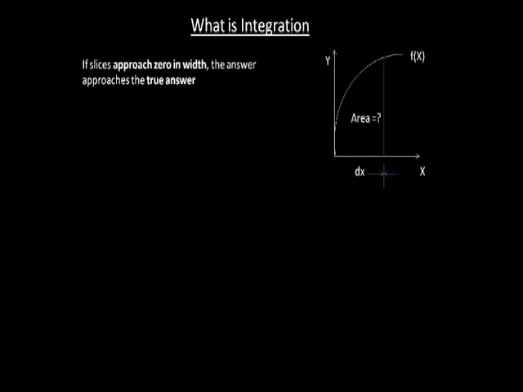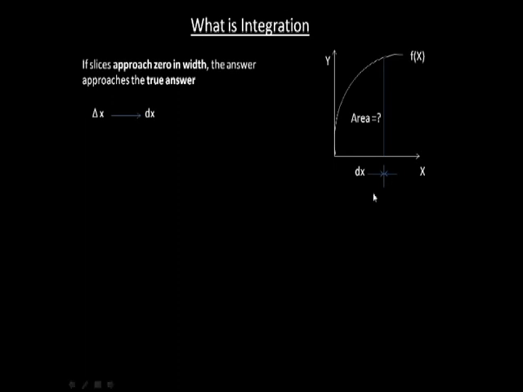Then we can say that if this slice approaches 0, that is, it has a minute value, the width of the slice is very small. It is not even visible to the naked eye.